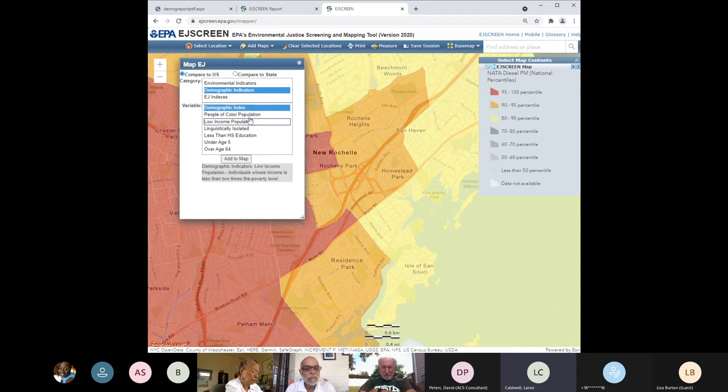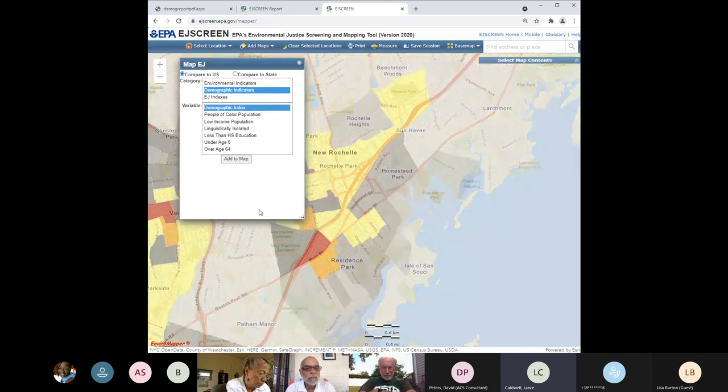Whatever the percentage of people of color and whatever the percentage of low income, those values are multiplied together, and that is now the demographic index. So when you do the demographic index, it's not looking at people of color or at low income alone, it's looking at where both of those rates are happening at the highest.